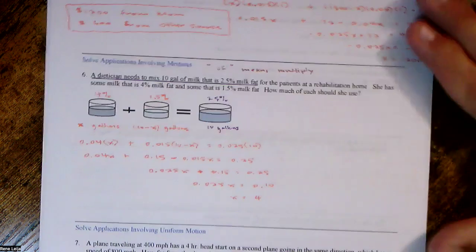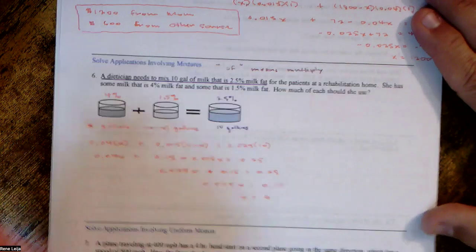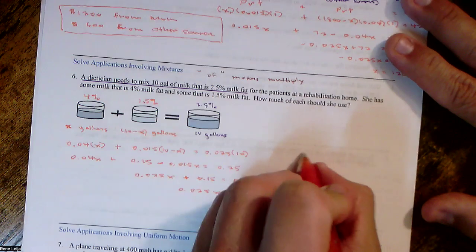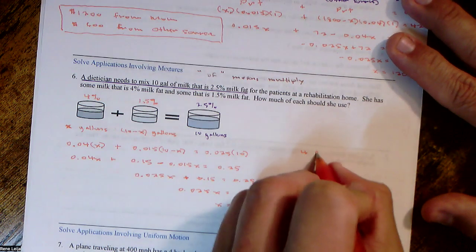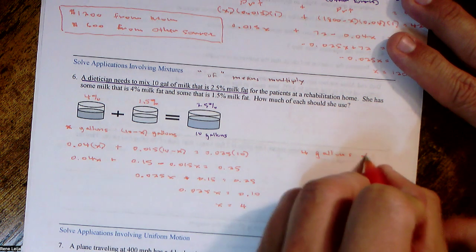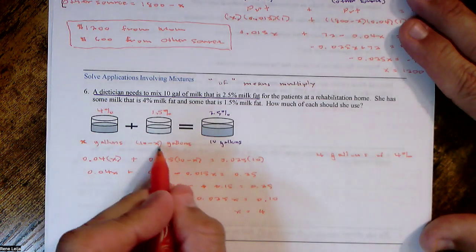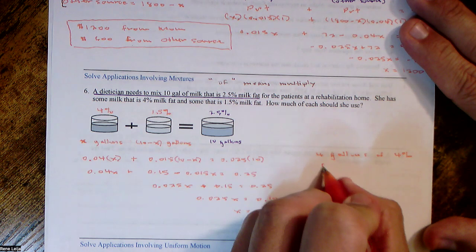Now, who is x? X is the number of gallons of the 4%. Okay, so we need 4 gallons of the 4% mixture. And so 10 minus 4 is 6.